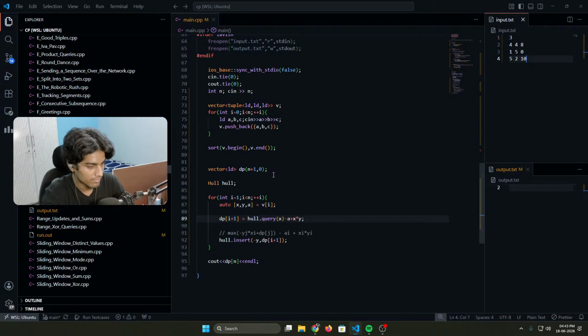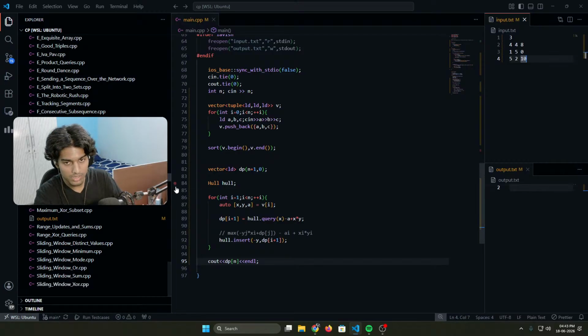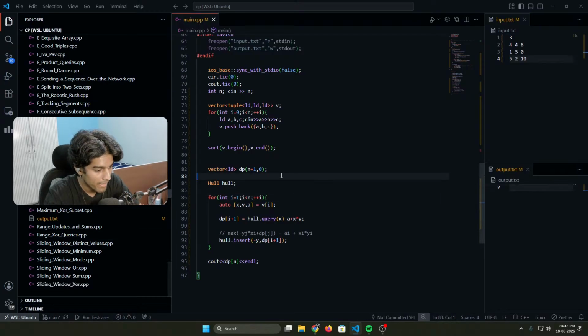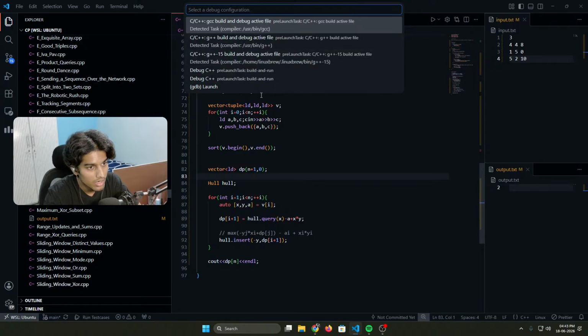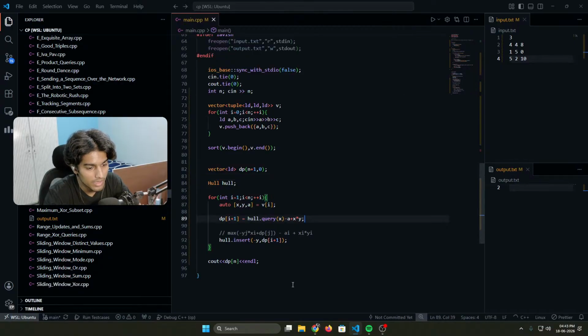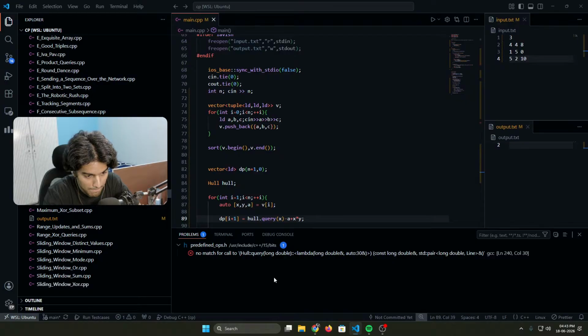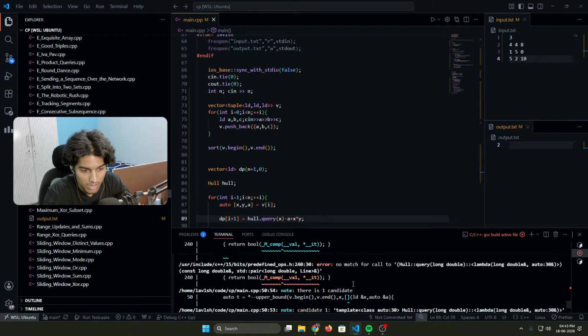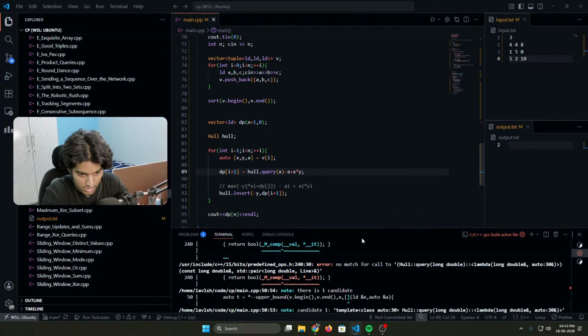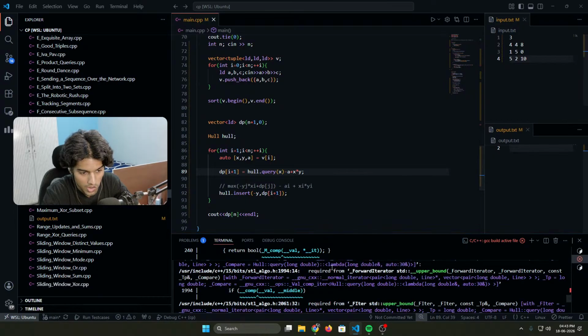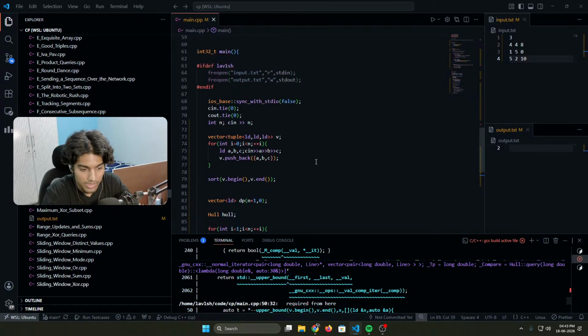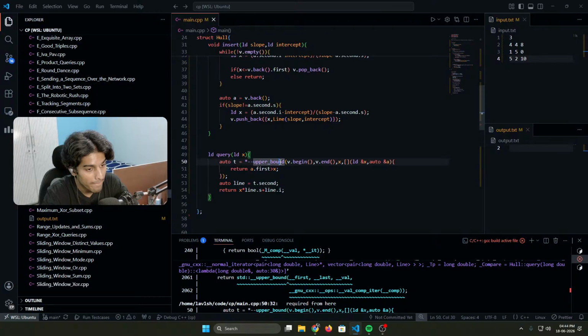Is this stuff working? Not sure. So input outputs are not, I'm not even sure this code is correct or not. Do I have anything? Okay, compile. Oh, there is some error. Some error in upper bound, I believe. But what?